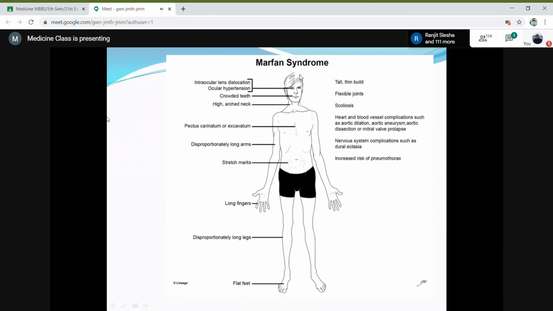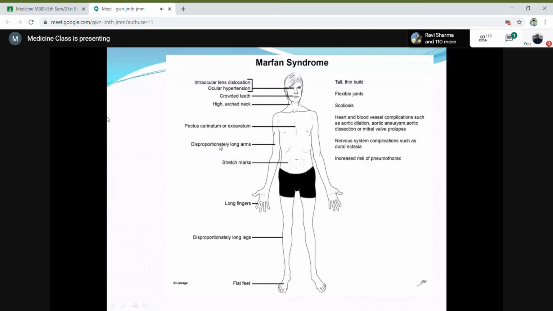Marfan syndrome: a very tall person with ocular problems like lens dislocation and ocular hypertension, with dental problems like crowded teeth and high arch palate, and chest wall deformities, pectus excavatum and carinatum. These are the patients who are at increased risk for pneumothorax.